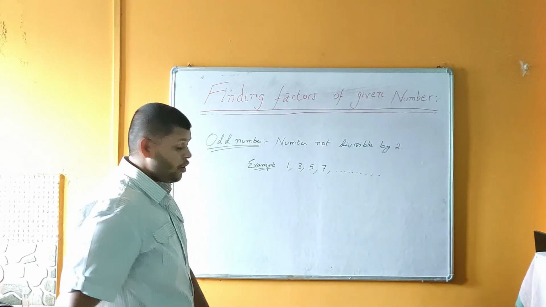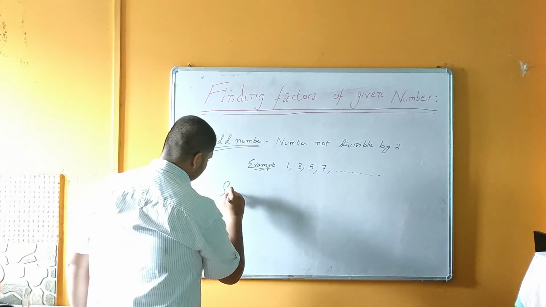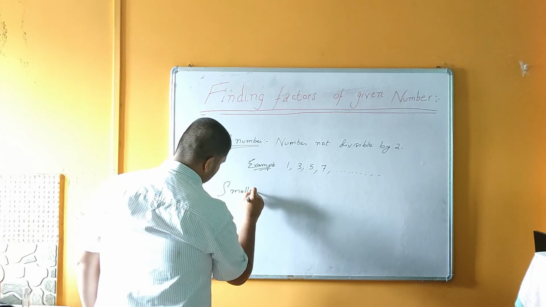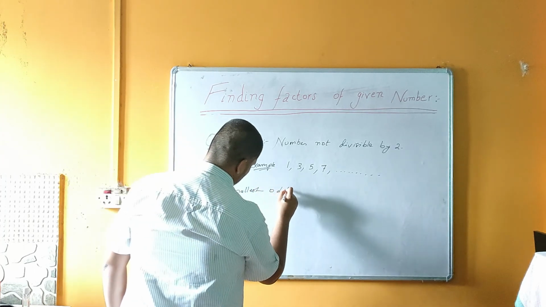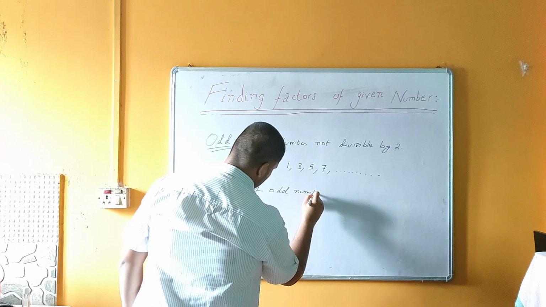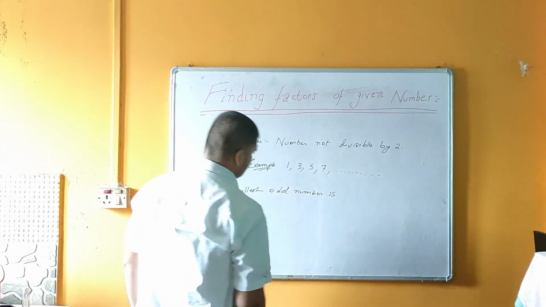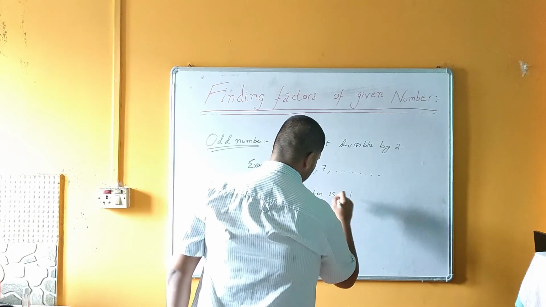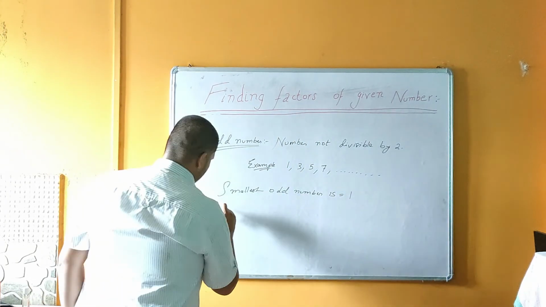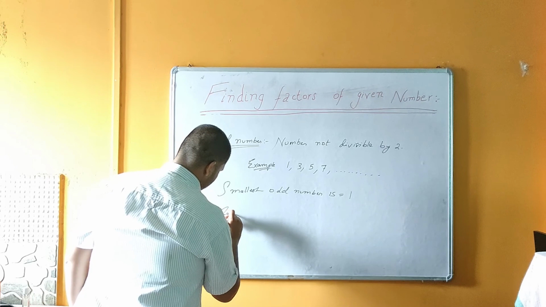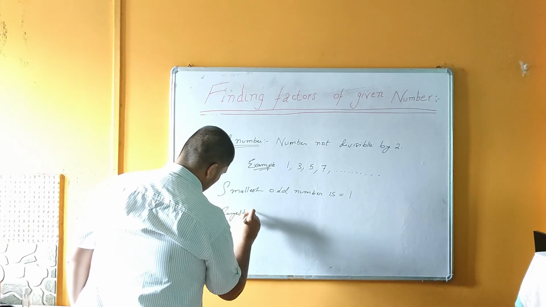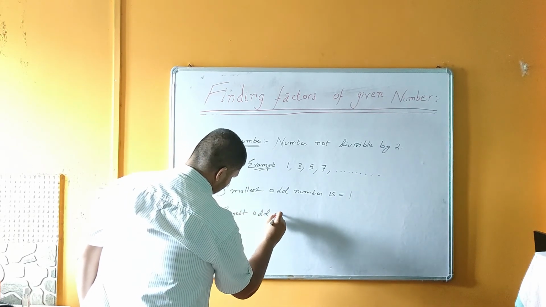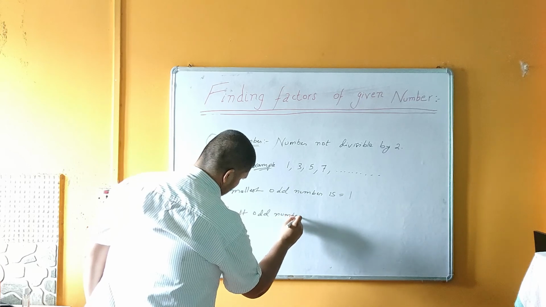So the smallest odd number is 1. Okay. I am talking about the largest odd number.